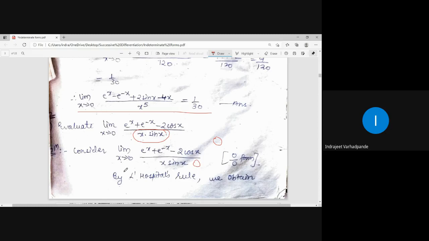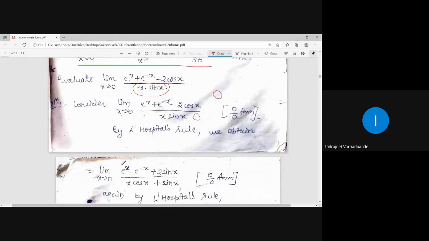Clear? Yes, sir. So by the L'Hospital rule, derivative of e to the power x will be e to the power x. Derivative of e to the power minus x is minus e to the power minus x. And derivative of cos x is minus sin x. In the denominator, apply product rule: first function into derivative of second plus second into derivative of the first.